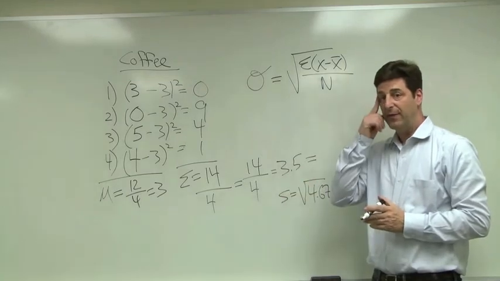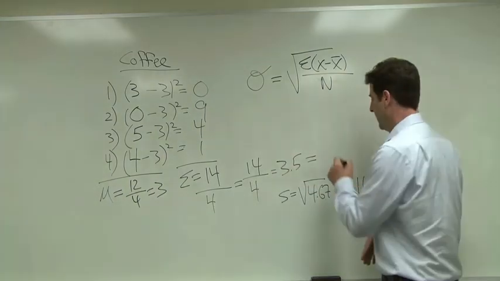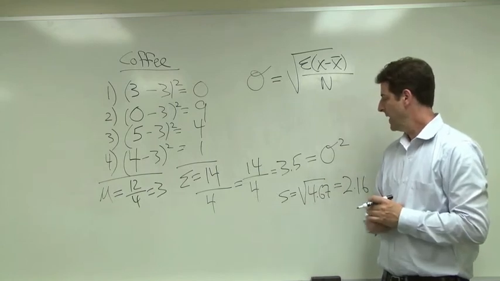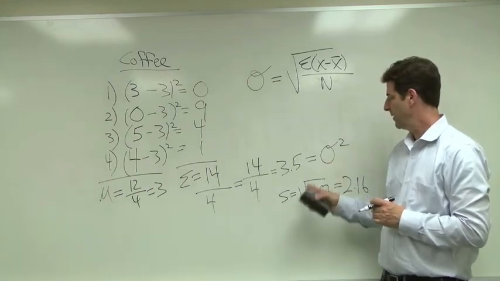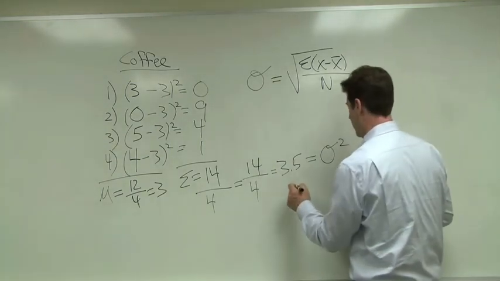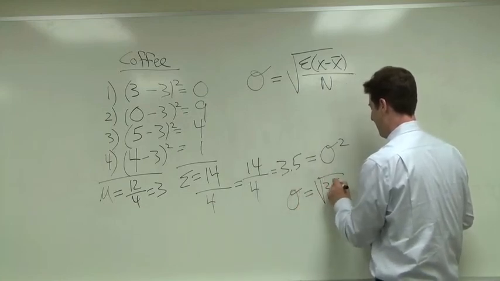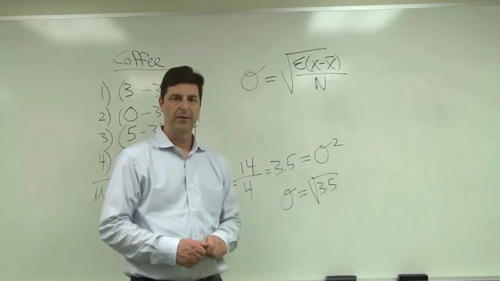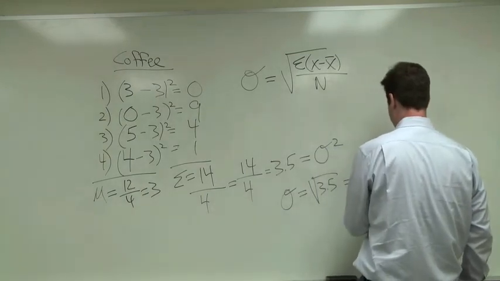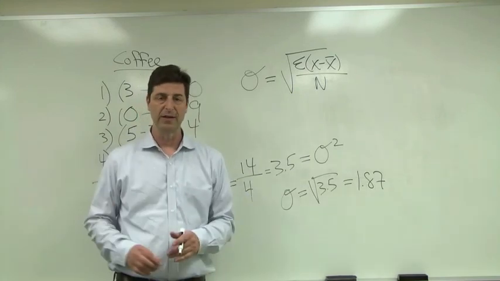So 3.5 is our variance, our population variance, which has that symbol. Last step is to convert that variance into a standard deviation by finding the square root. So the square root of 3.5 is 1.87. And that is the standard deviation if we were treating these data as population data.